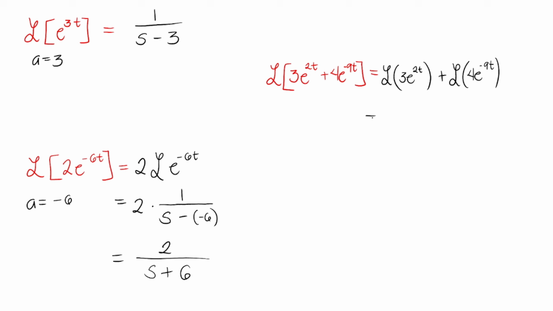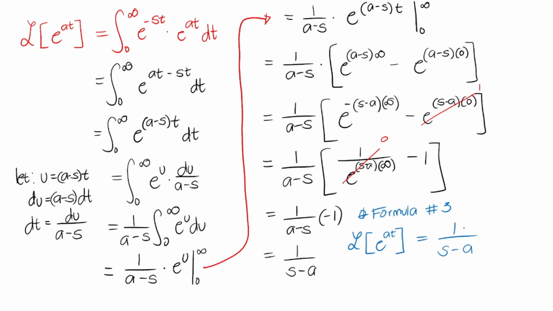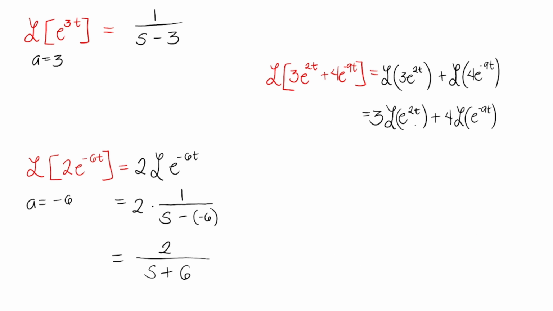And then, pwede nating i-factor out yung mga constant sa Laplace transform operator. So, magiging 3 times the Laplace transform of e raised to 2t plus 4 Laplace transform of e raised to negative 9t. And then, gamitin natin yung formula to. 1 over s minus a. So, dito ang a natin is 2.